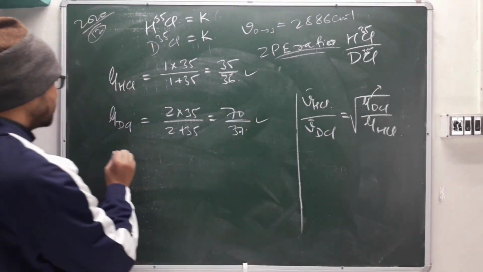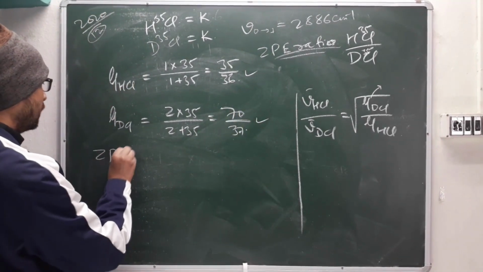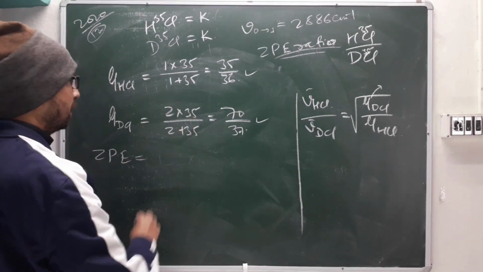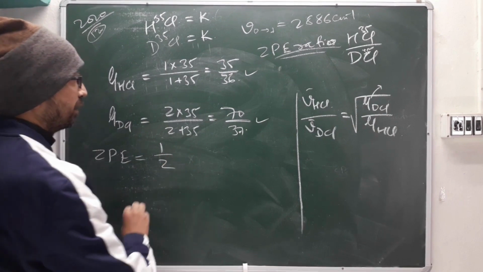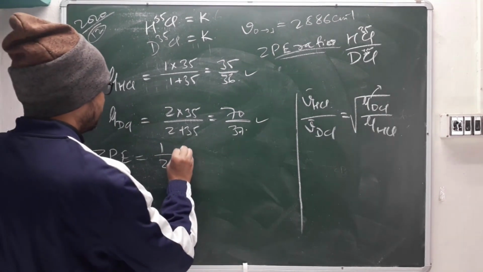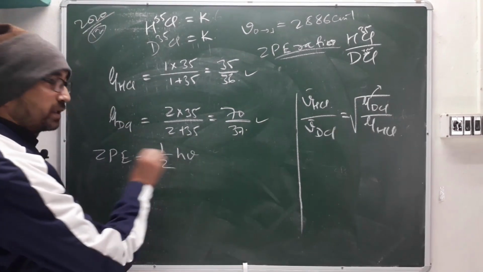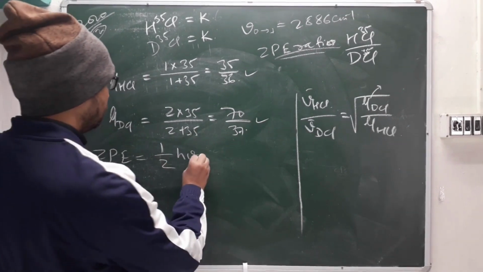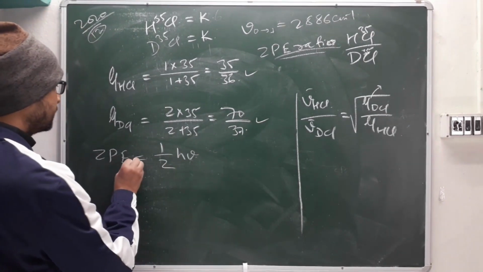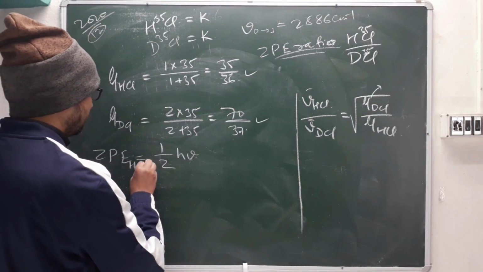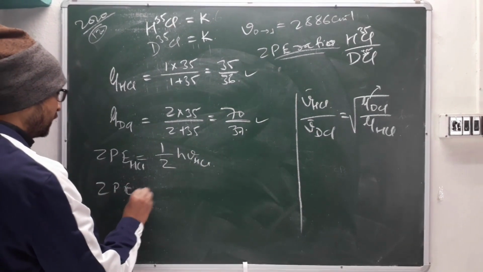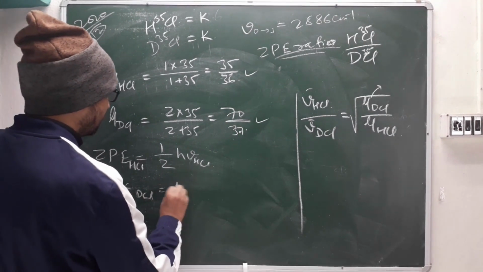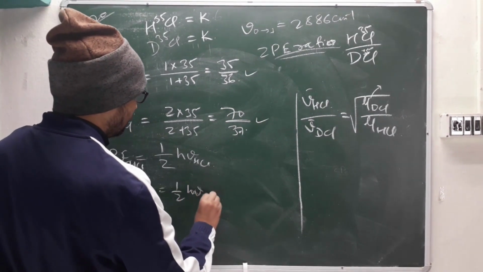Now we have to find the zero point energy ratio. The zero point energy is 1/2 h nu. So write it for HCl, 1/2 h nu HCl, and for DCl, 1/2 h nu DCl.